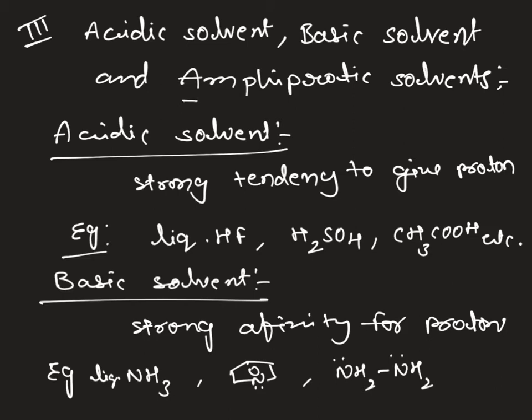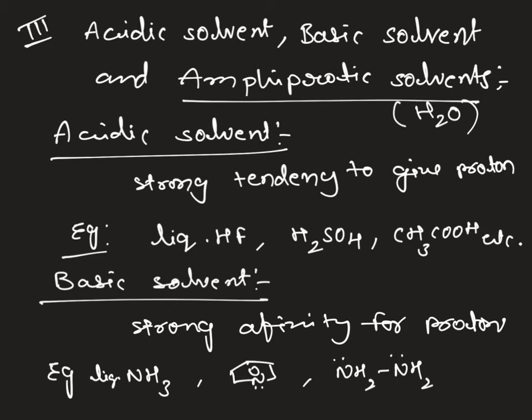Amphiprotic solvent. An amphiprotic solvent is a solvent which has neither a strong tendency to gain nor a strong tendency to lose protons. An example of an amphiprotic solvent is water. So these are the three different types of classification of solvents.